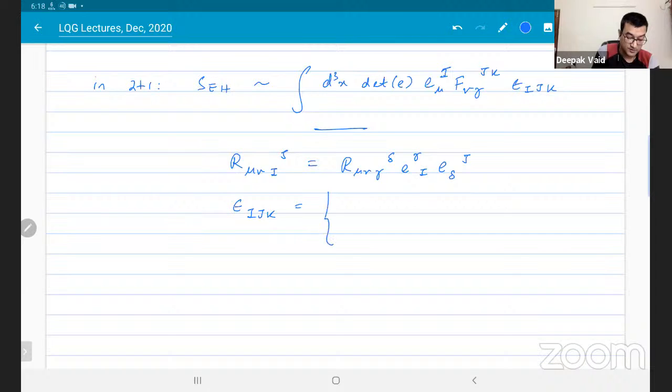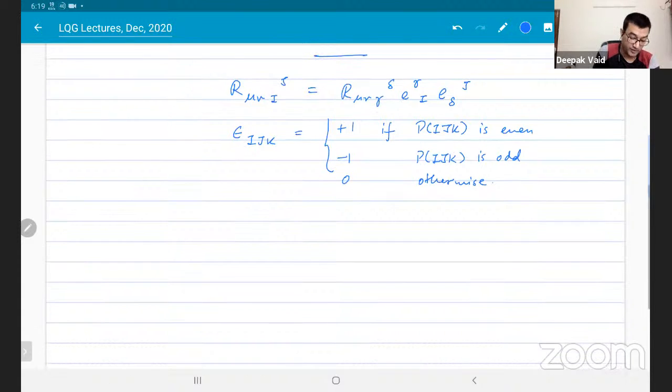So this is plus 1, minus 1, or 0 if the permutation of ijk is even, odd, and otherwise. And using this completely antisymmetric tensor, we can define the following quantity.